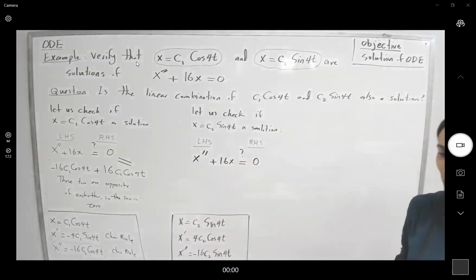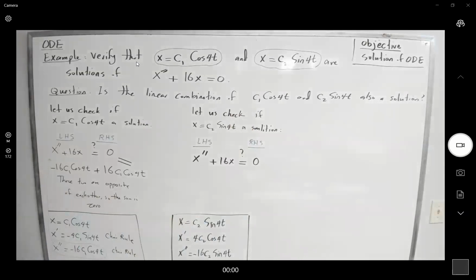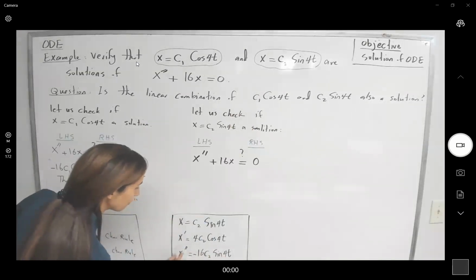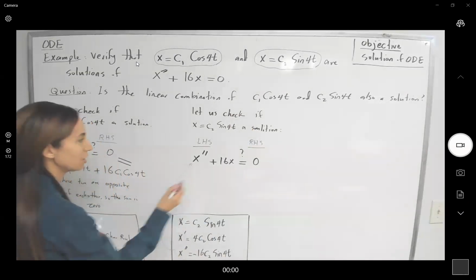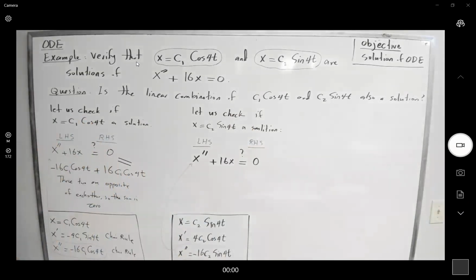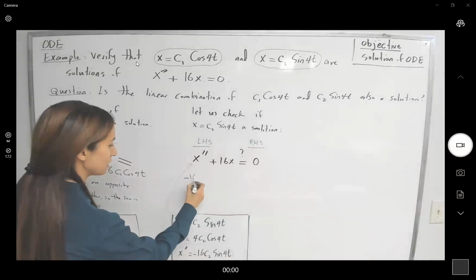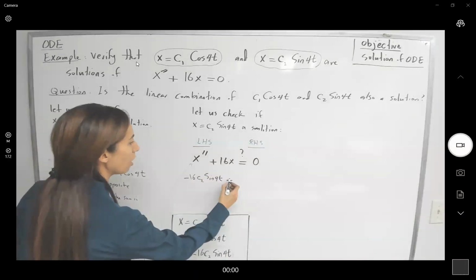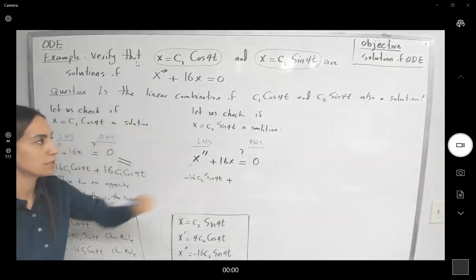Well, do the substitution. This is the second derivative that we have. Substitute that for the second derivative. You get negative 16 c2 sine 4t plus 16 times x.